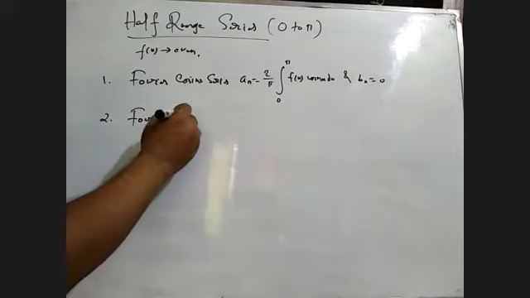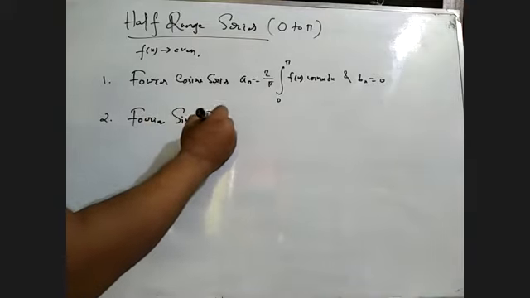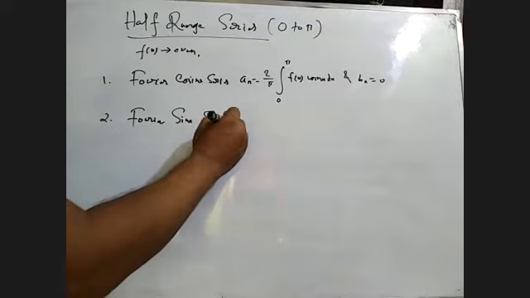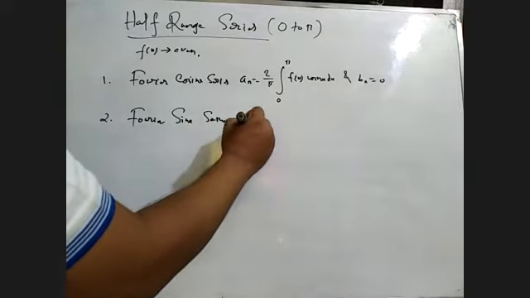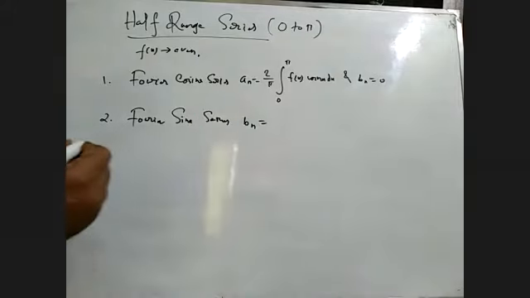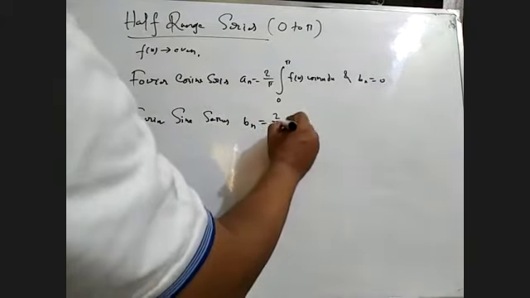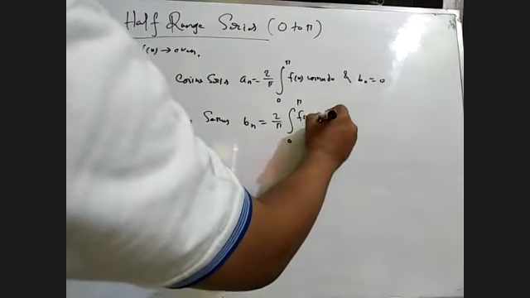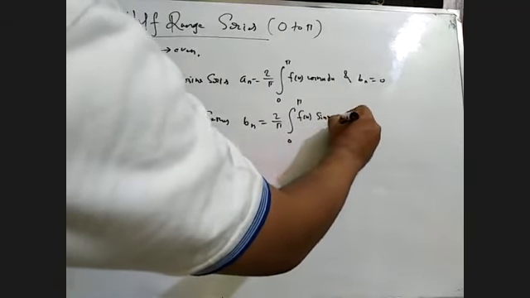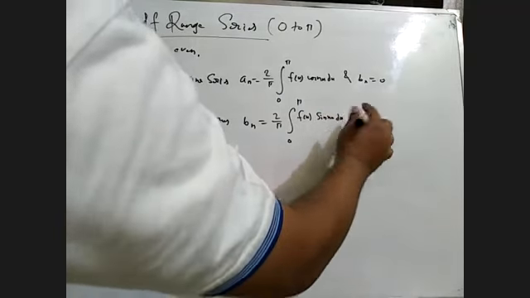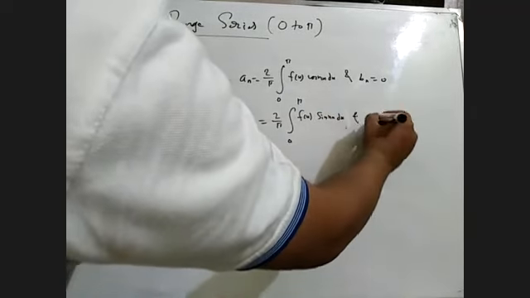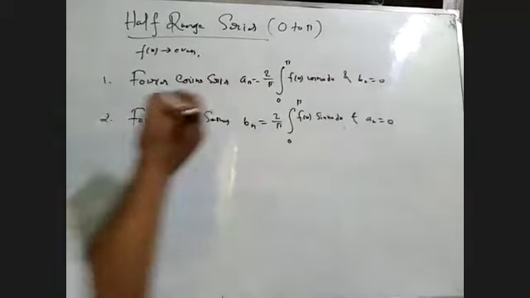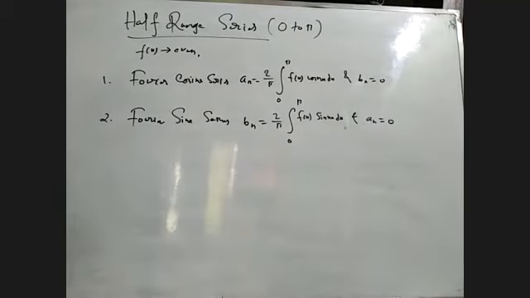Fourier sine series, bn equals to what will be? 2 divided by pi, integral 0 to pi, f of x sine nx dx, and an equals to what will be? 0. Remember it. So this is the formula for half range series.